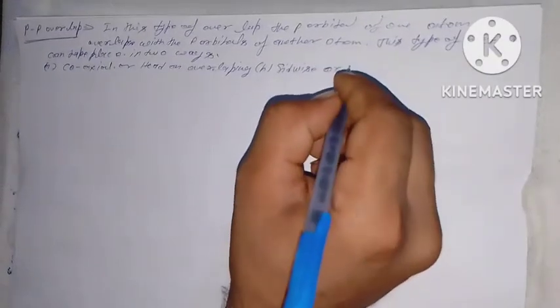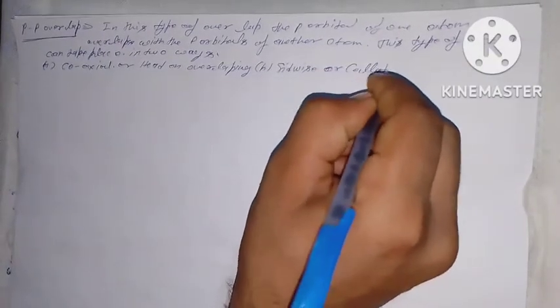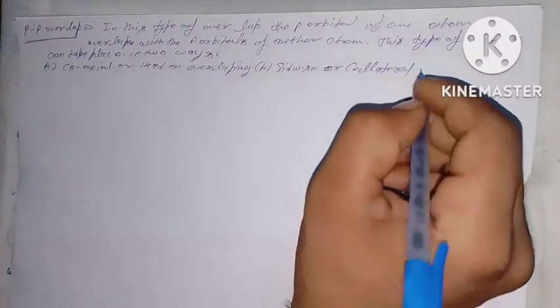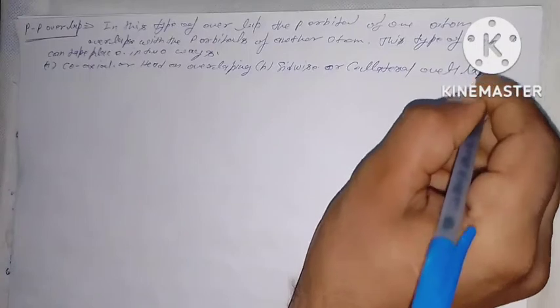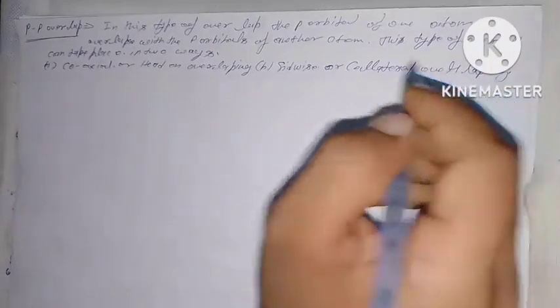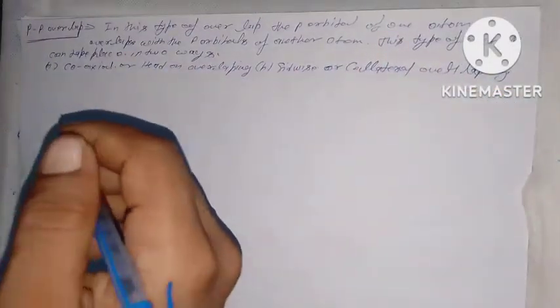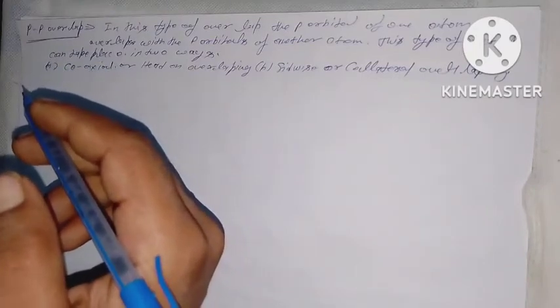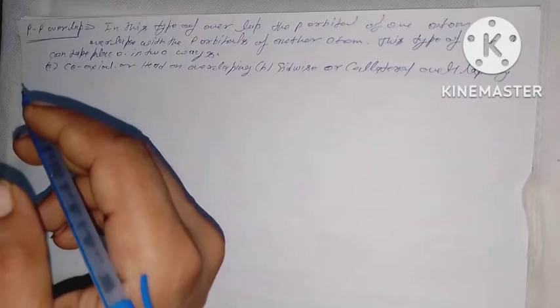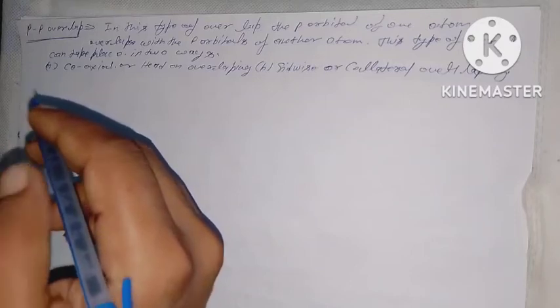When two p orbitals of different atoms overlap, it is called pp overlap. One p orbital can combine with another p orbital in two ways.